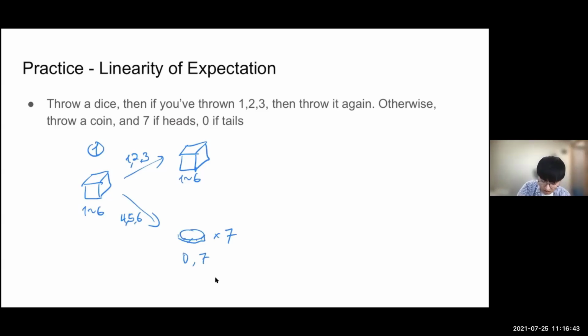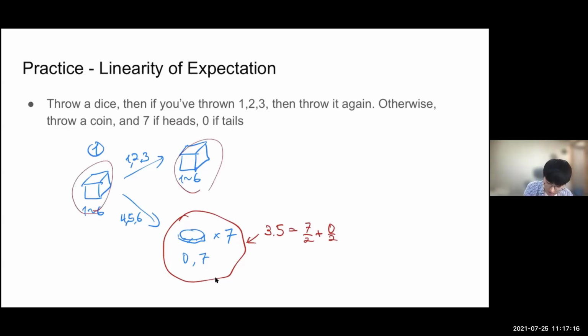So can someone tell me what the expected value of this is? Yes, this is 3.5, as Joseph mentioned. This is 3.5 because it's 7 with 1/2 probability and 0 with probability 1/2. And these are also 3.5.